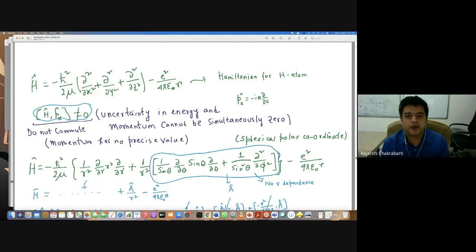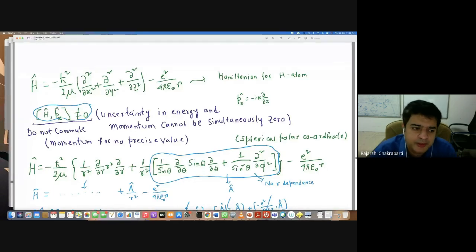Of course, I'm using the language of particles, as if electron and nucleus are particles, but anyway, I'm doing quantum mechanics. This also ensures that your Hamiltonian will commute with some other operator, which you'll see later. This happens with problems where you have spherical symmetry.